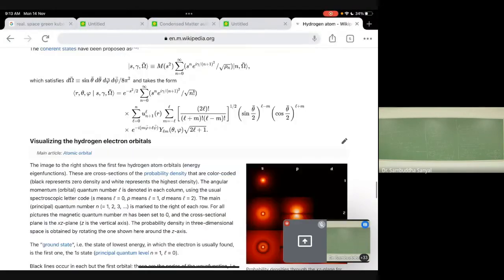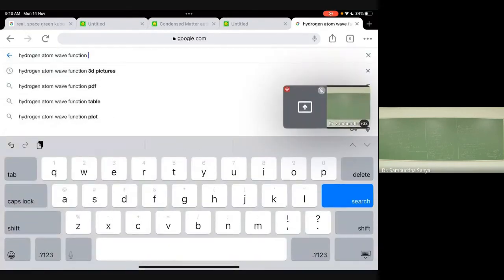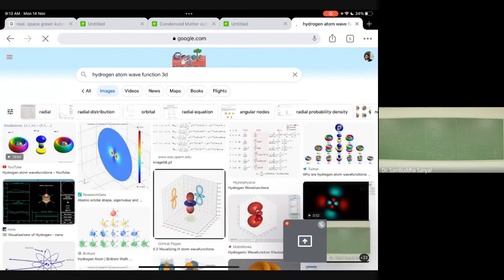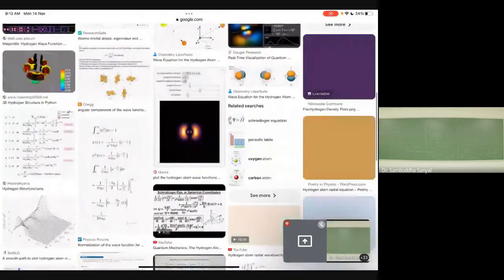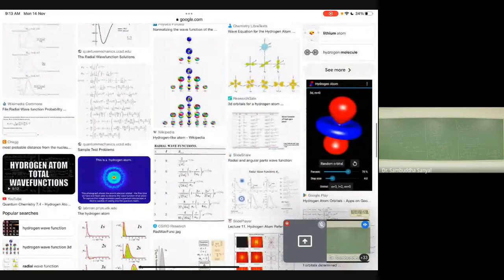There are actually better pictures of the 3D also. So let me see 3D images. There are not very good pictures. Yeah, okay, here are some pictures.